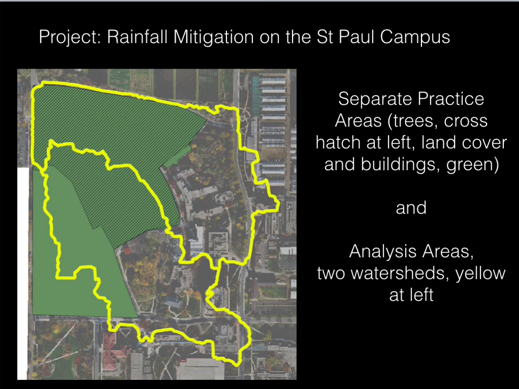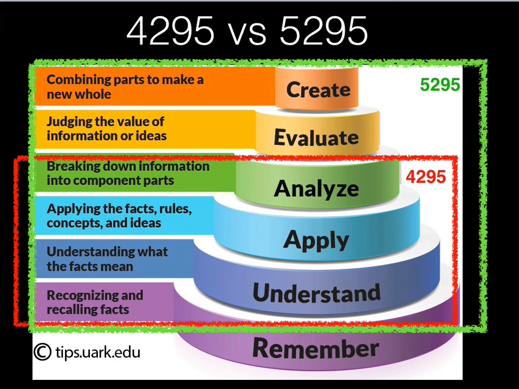We're kind of in the middle here in Bloom's pyramid of learning. So the remembering and understanding and maybe a little bit of applying in the introductory course. You learn the vocabulary of GIS, what are the parts, you understand how they go together.